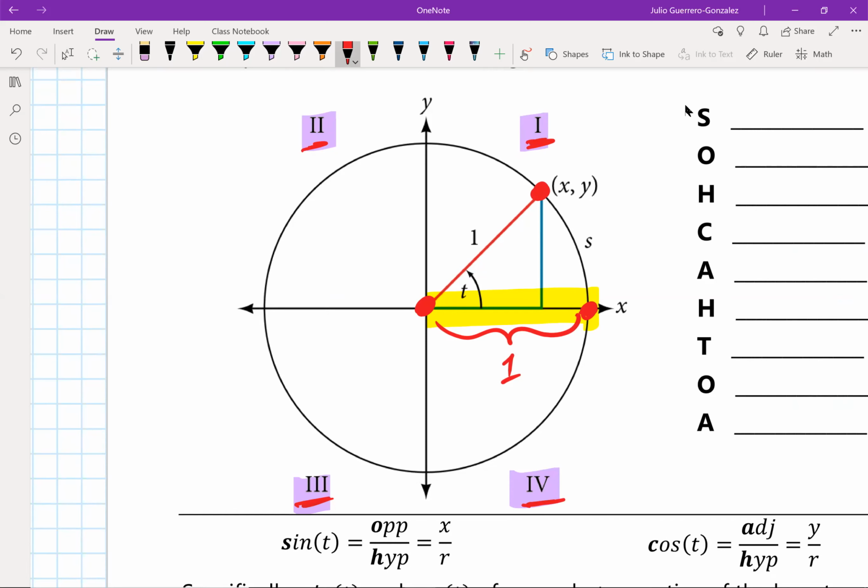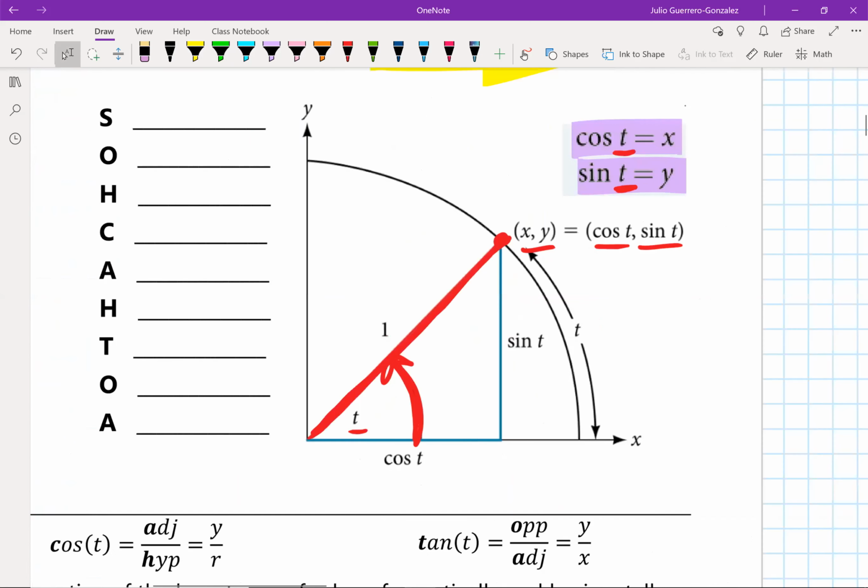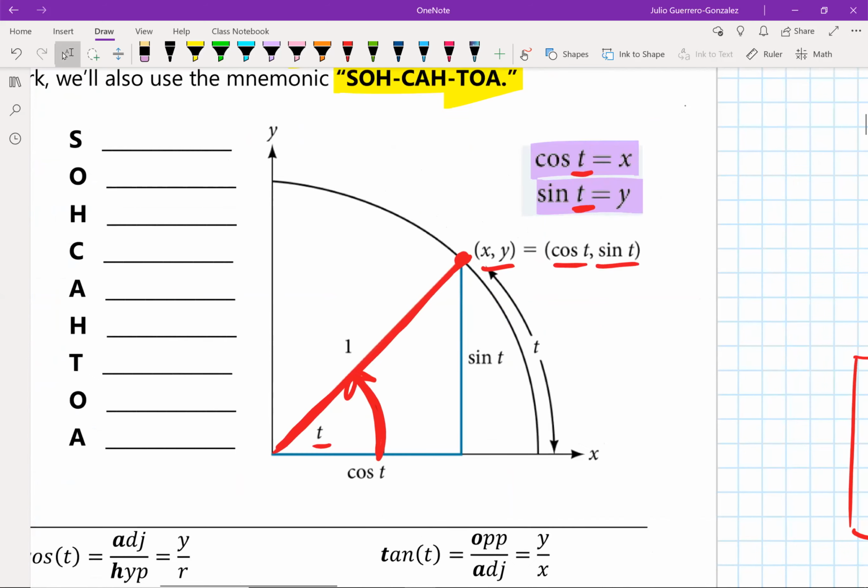And then we were getting into what the heck sine and cosine were, right? If you are given an angle of, say, degree t, then the cosine was the x and the sine was the y.